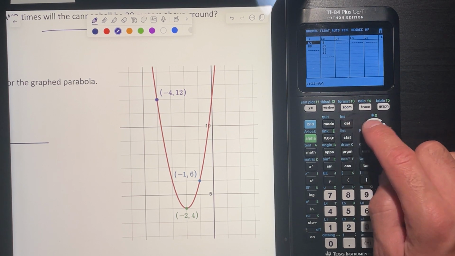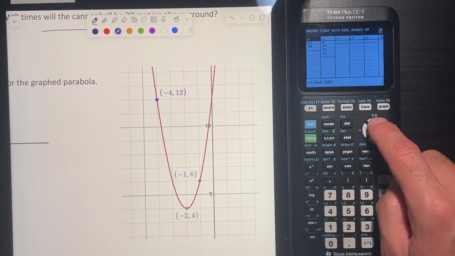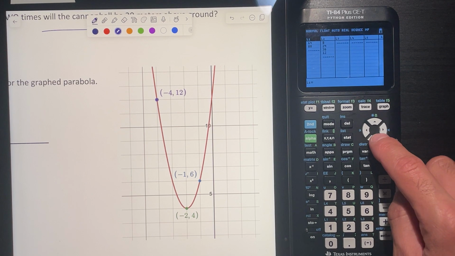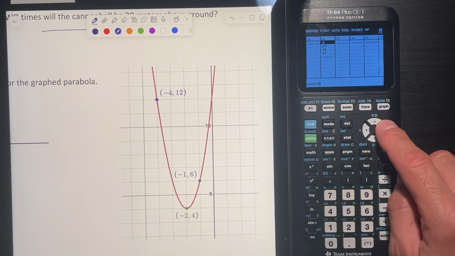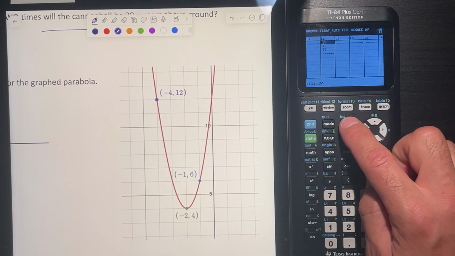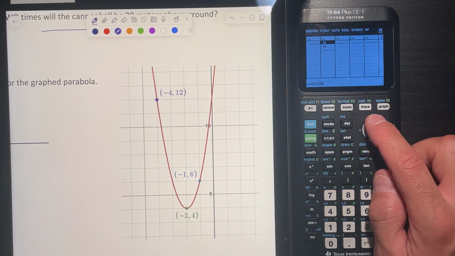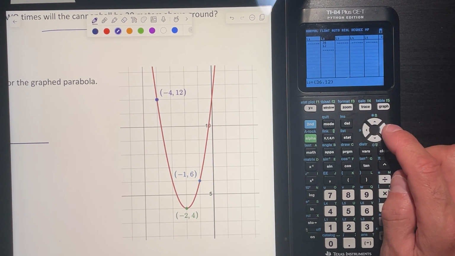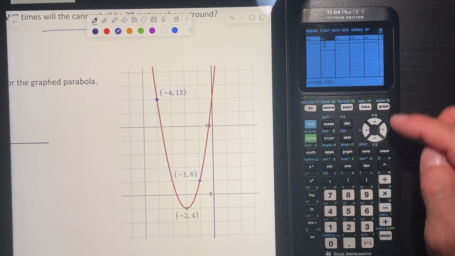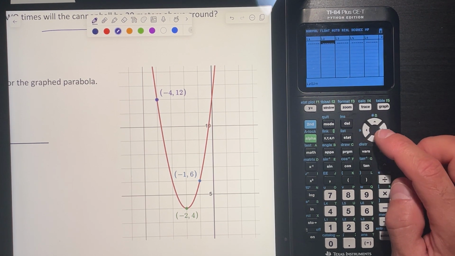You can hit delete, delete, delete, or you can go up, hit clear, go down. Right, same thing. Go over for L2, delete, delete, whatever. You can delete all of them that way, but you can also clear it by going up, see, it's up into L2, clear, and down.